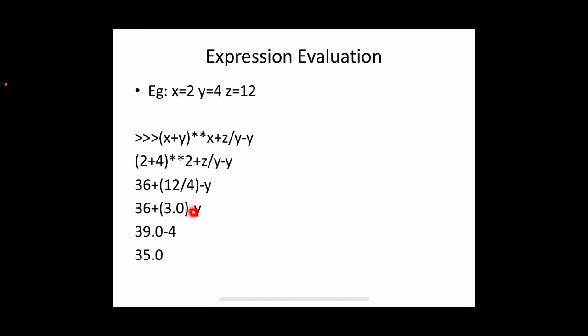Plus is there, minus is there, which have the same precedence, right? Then we can apply the associativity. These operators are left associative, so we can start from the left side. 36 plus 3 will be evaluated, that is 39, minus y. So next we can apply the minus operator. 39 minus 4, that is 35.0. This will be the final answer.